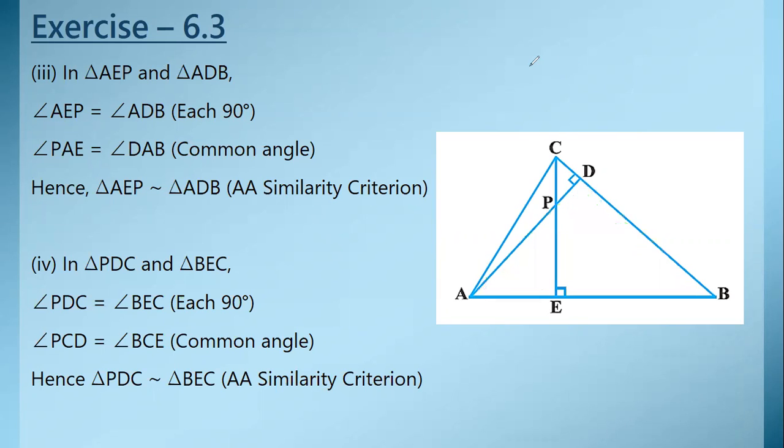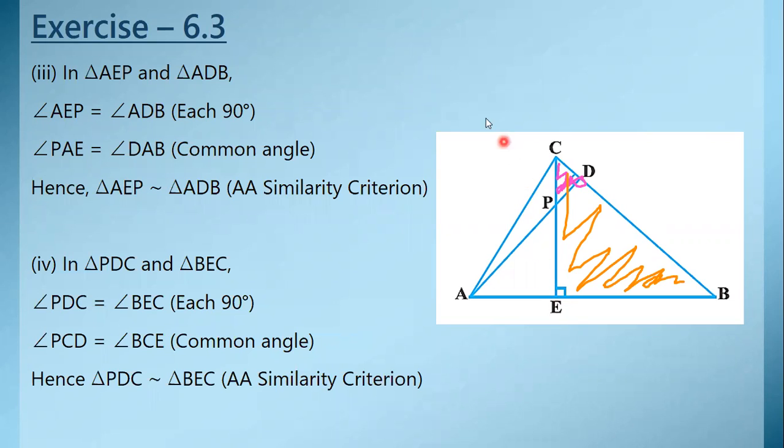Again, the fourth part, we have triangle PDC, that is the smaller one, and then we have triangle BEC, so the bigger one. Again, we have a common one. Over here we have PDC, that is angle D 90 degrees, BEC again angle E 90 degrees.